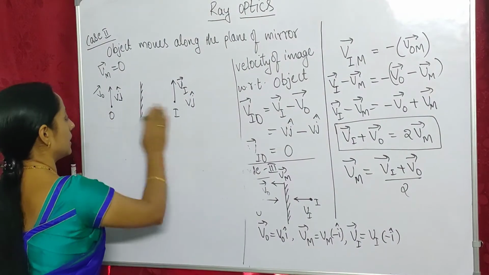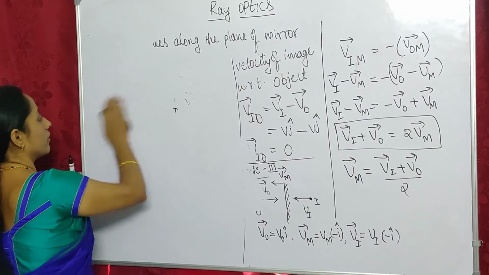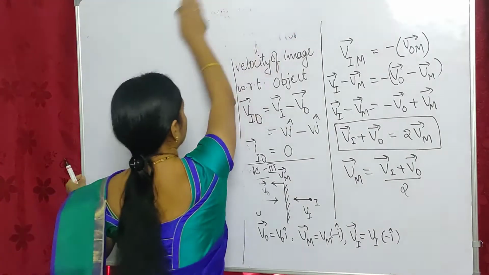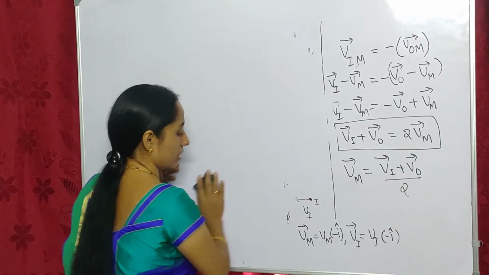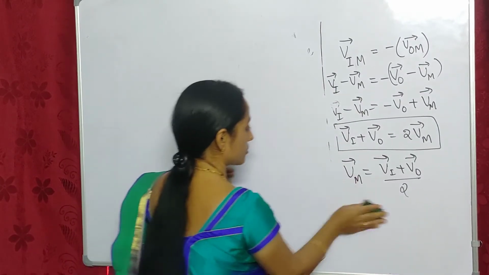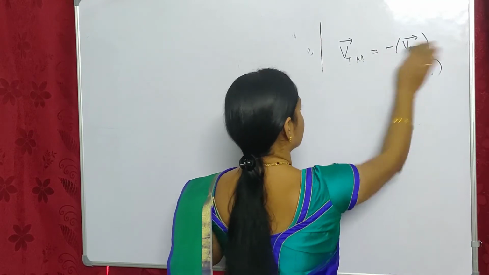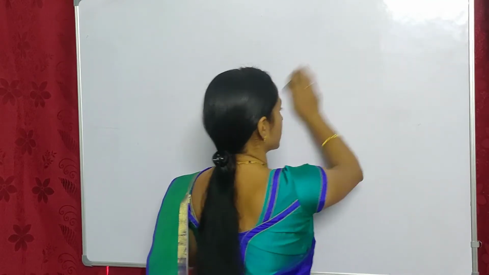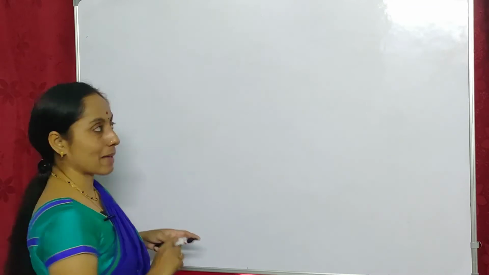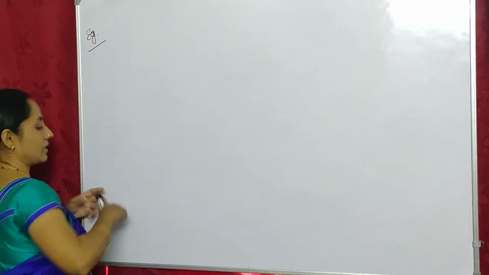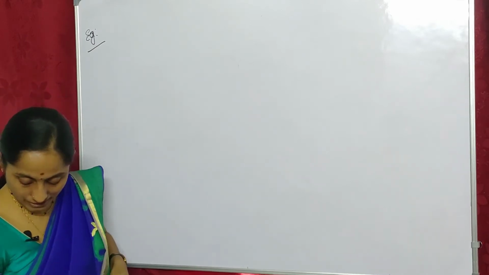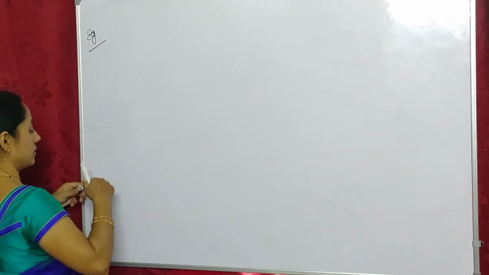So let us move on with our problems so that you can see some application. We have learned the concept. To strengthen the concept, let us take certain example problems. Let us start with an easy one. Let me change my pen first. Let me take another pen.